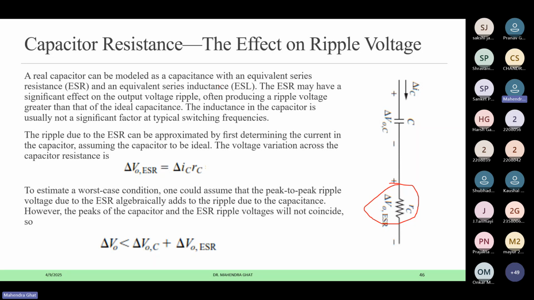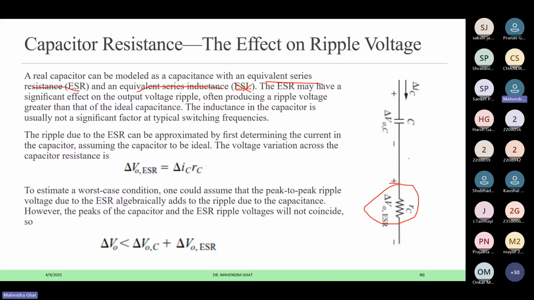Actually, it has both inductance and resistance, equivalent series resistance and equivalent series inductance. But we can ignore the ESL, and only take the equivalent series resistance, which is called the ESR.